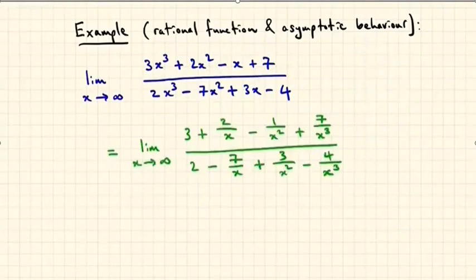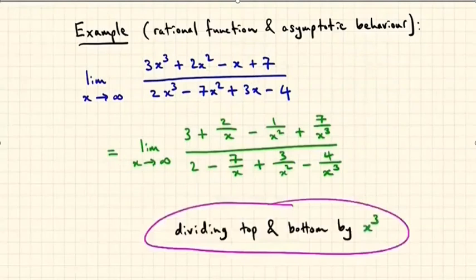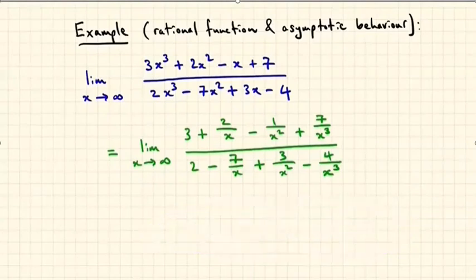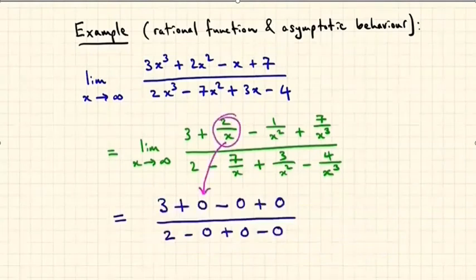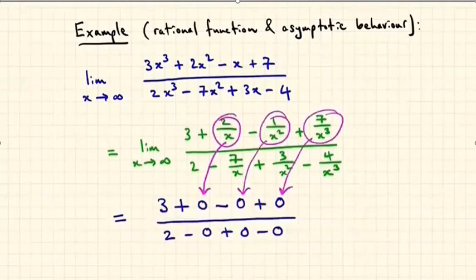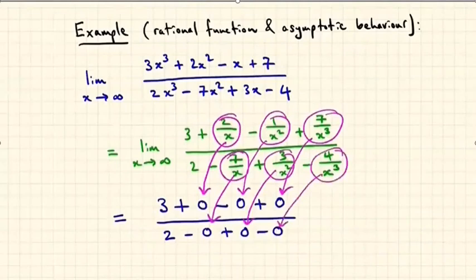The trick is to first divide throughout everything in the numerator and denominator by the highest power of x that appears. And by this we mean x cubed. This doesn't change the overall value of the expression. But by the limit laws, we can bring the limit inside the expression and see what happens to each of the simple pieces that we have created. And the end result turns out to be 3 over 2.